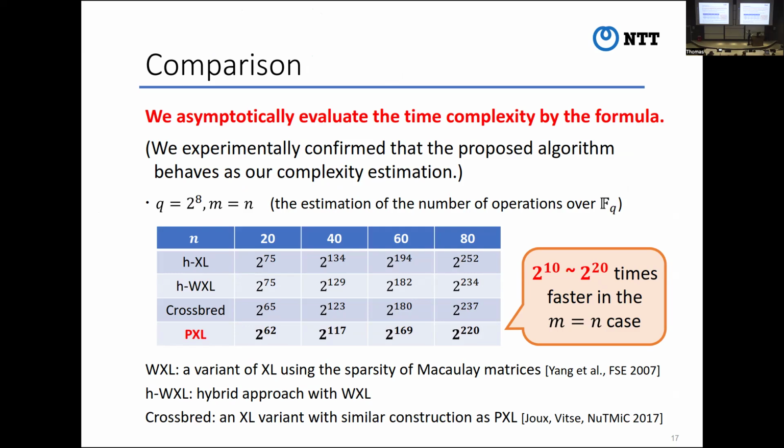Then you can see that the proposed algorithm is 2 to the 10 or 2 to the 20 times faster in the case of m equals n. Yeah, so that is our result.